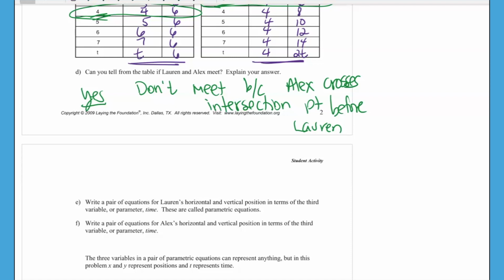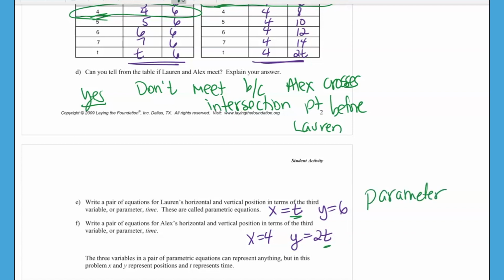Lauren's horizontal and vertical positions are x is equal to t and y is equal to 6. And Alex's are x is equal to 4 and y is equal to 2t. Let's stop for a minute and just think for just a second. These are parametric equations, and we call this t here the parameter, okay?